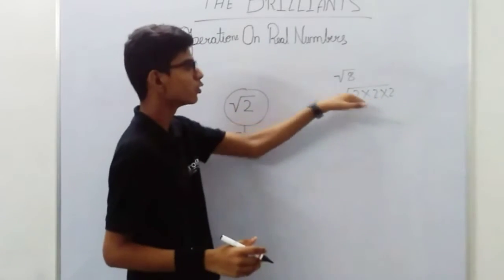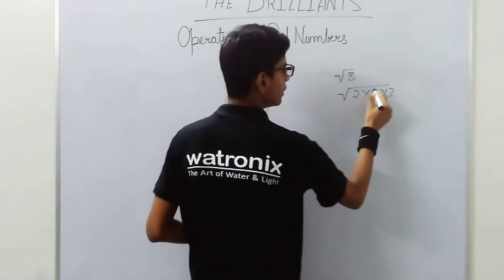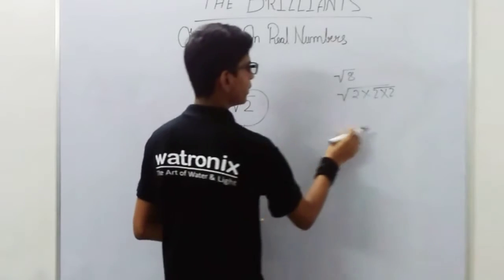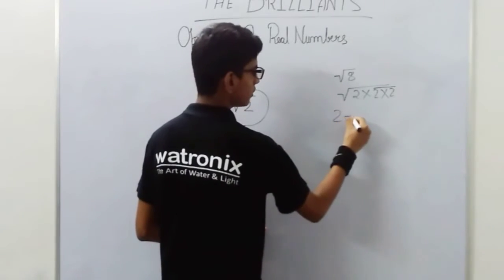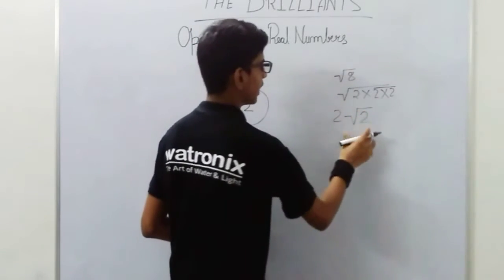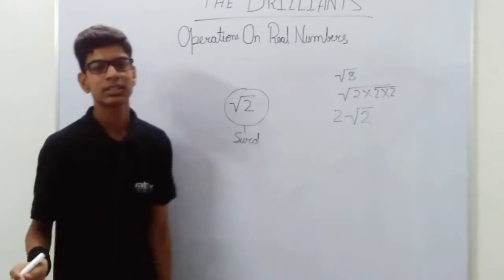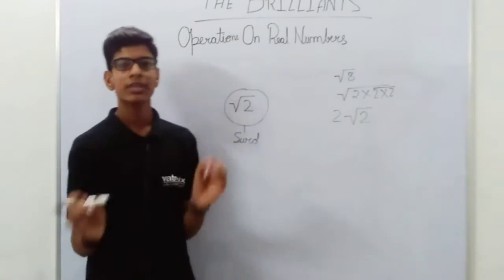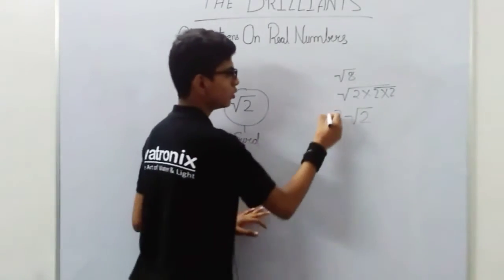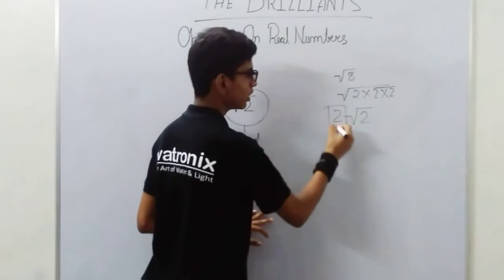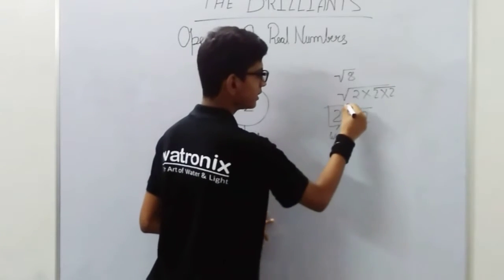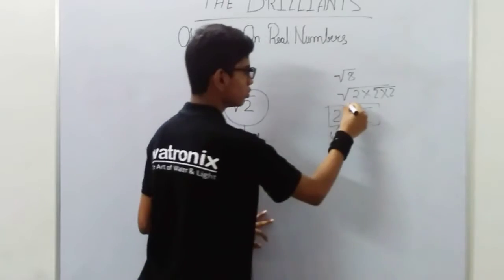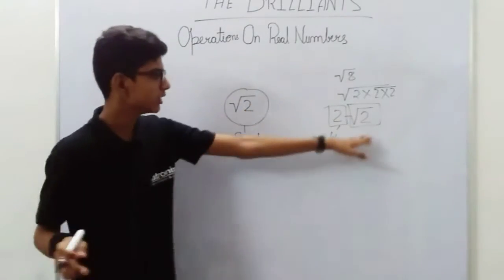Taking two of them in a pair, these two will come out, and now it is in its simplest form: 2 is a whole number, and this is under root 2, the same number, so it is a surd.